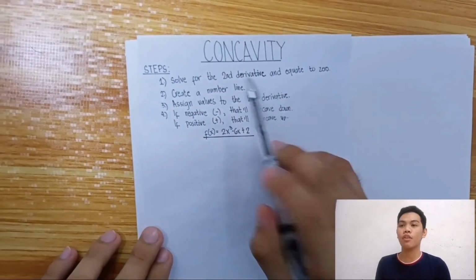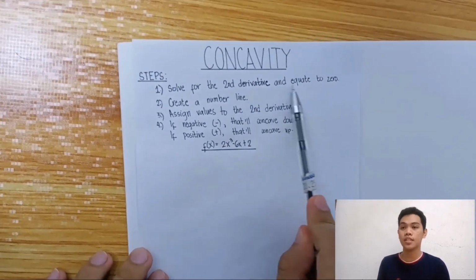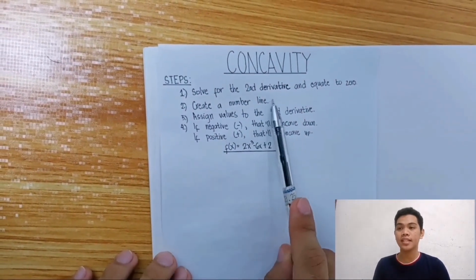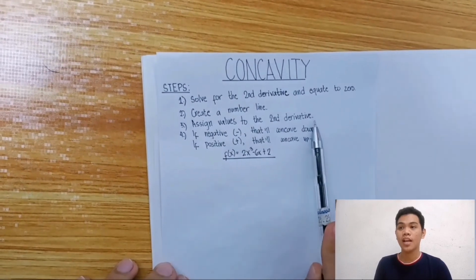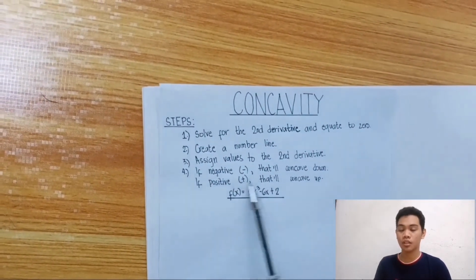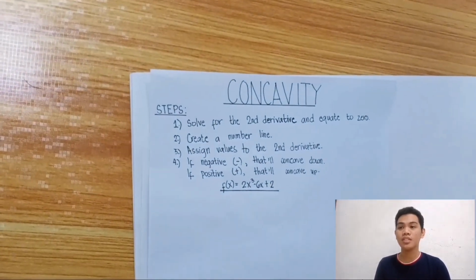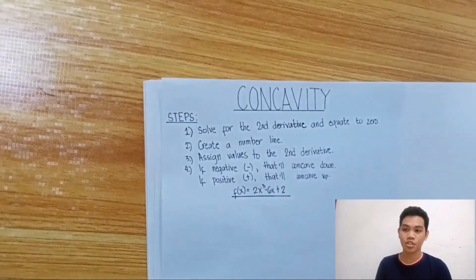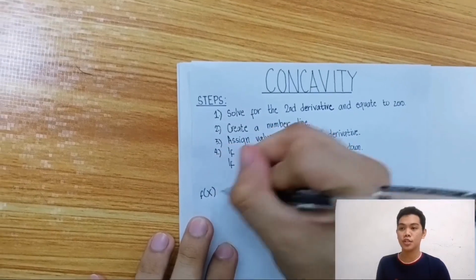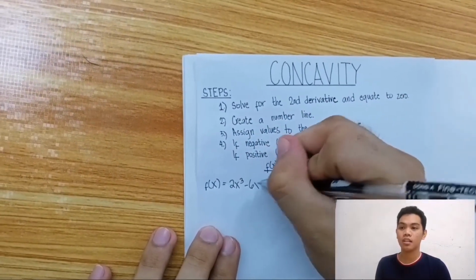Next, for the concavity of our function, I listed 4 steps. Number 1, solve for the second derivative and equate to 0. 2, we need to create a number line. Number 3, assign values to the second derivative. And 4, if negative, that will be concave down. If positive, that will be concave up. So our function is still the same. We write the original function, f of x equals 2x cubed minus 6x plus 2.